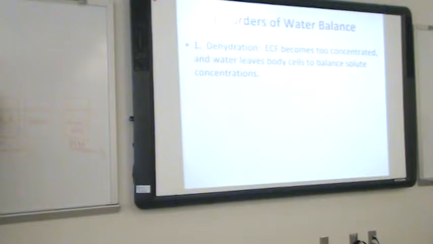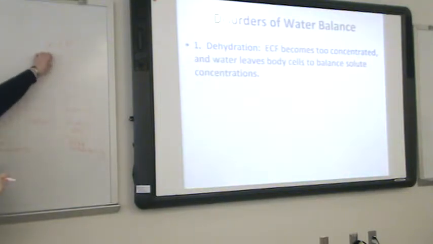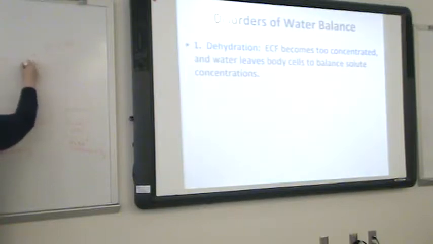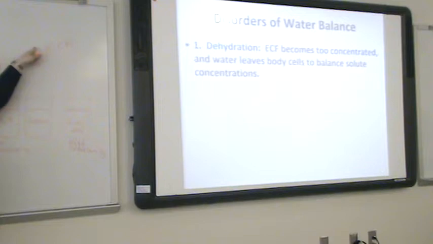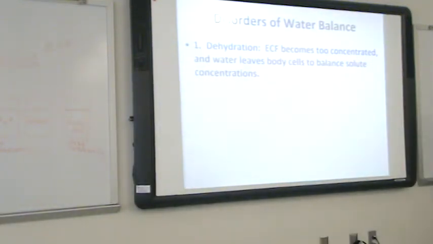Here's a cell. Here's its nucleus. If this is getting more concentrated or relatively less water, there's nothing to stop water from going out of the cell this way, and that's what happens. So if you get severely dehydrated, your cells themselves will lose water, and your solute concentrations will be too concentrated all over your body.